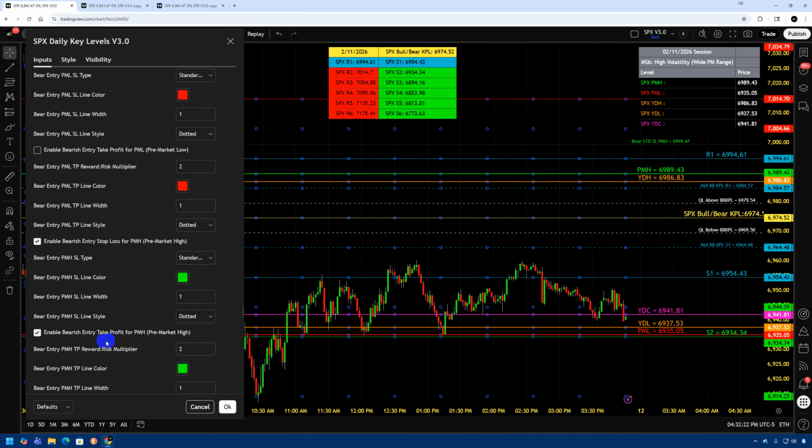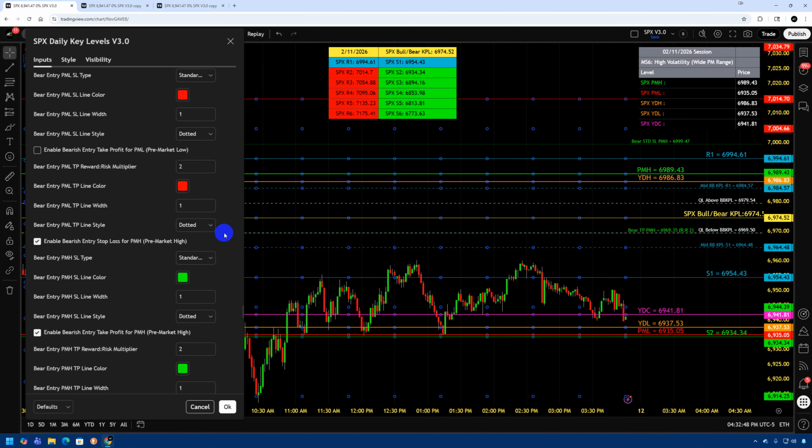Below that, you would set the bearish entry take profit. Now this is the reward to risk multiplier. It is currently set to 2. That means $2 of reward for every dollar of risk. So what that means is the distance between the PMH and the target is twice the distance between the PMH and the stop loss you selected.